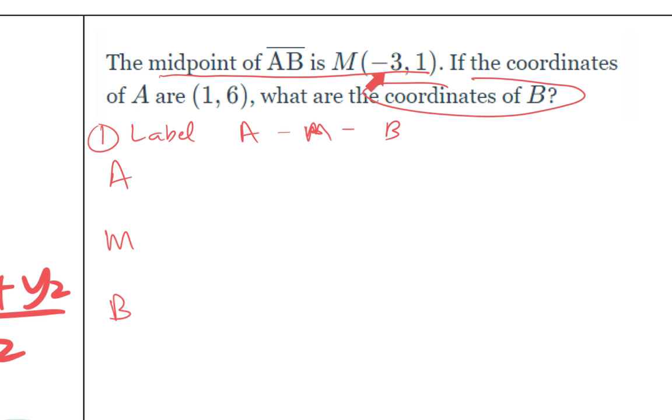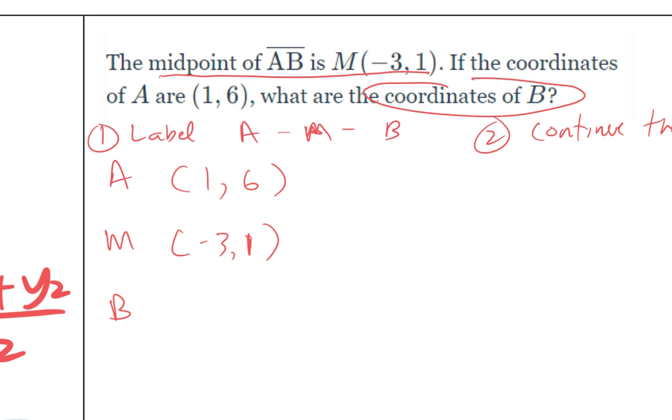M is -3, 1. A is 1, 6. The second step is to continue the pattern using the rule.